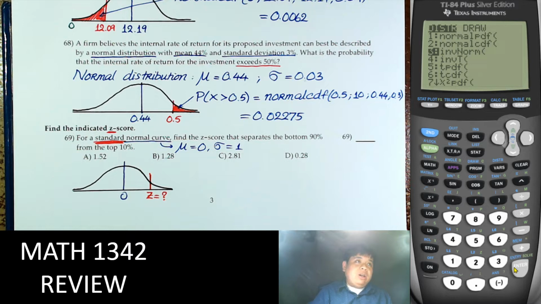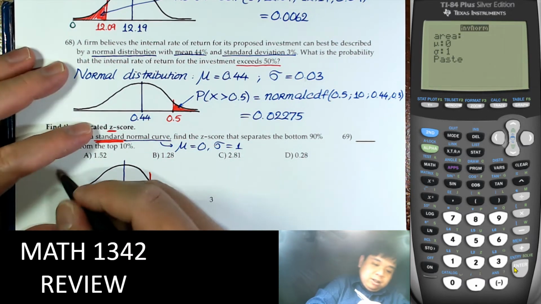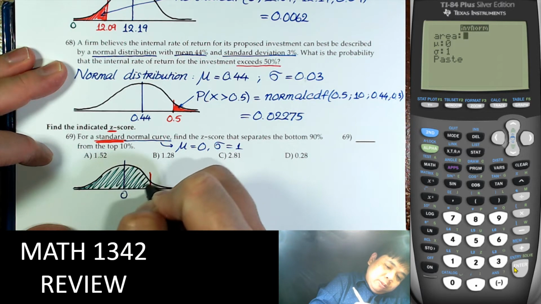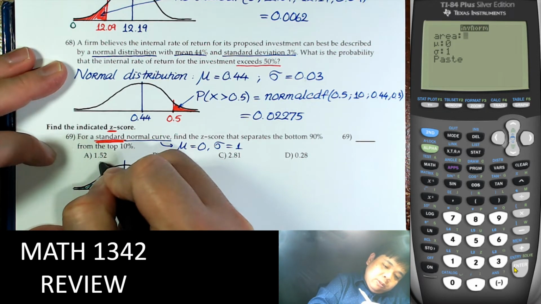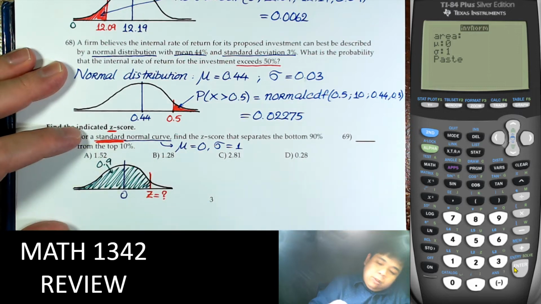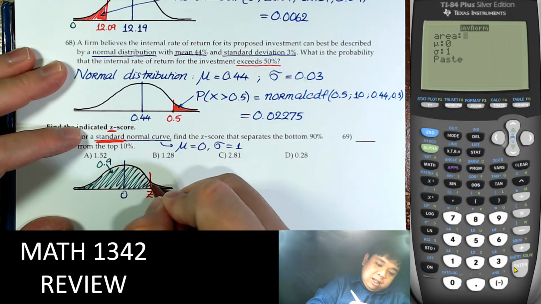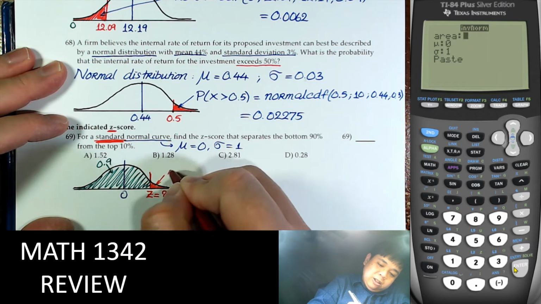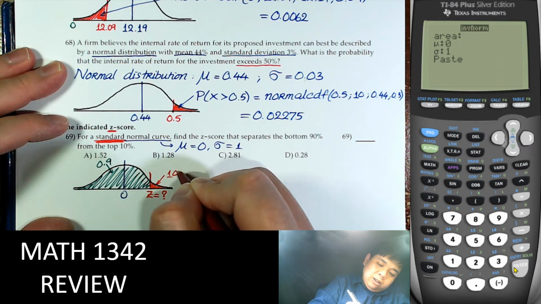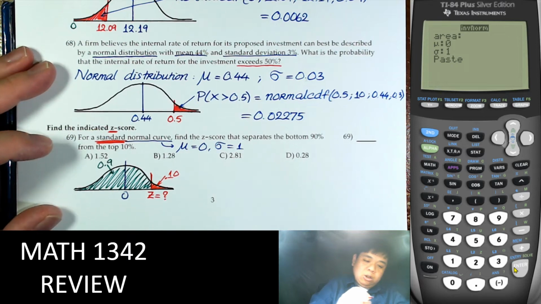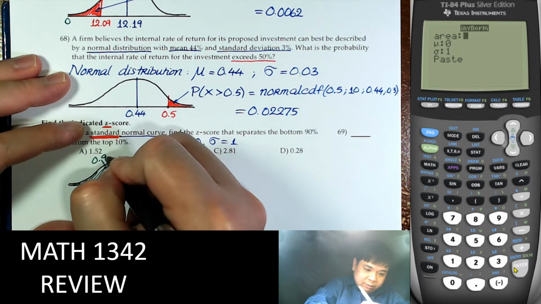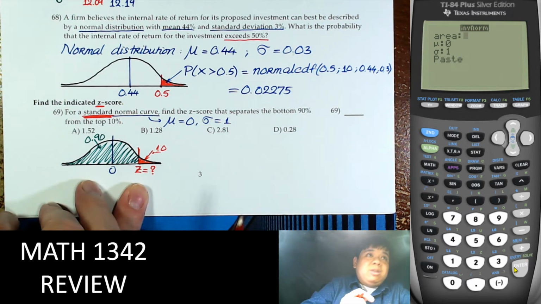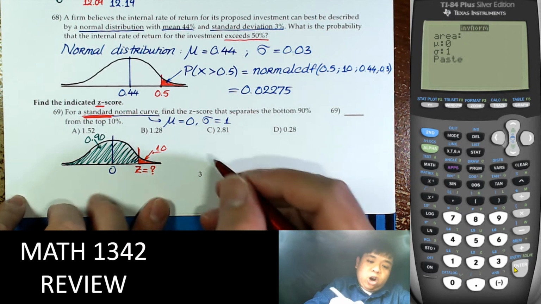We know the area is 90% on the left and 10% on the right, 0.1. So remember, if we want to find the values, it is going to be inverse normal.